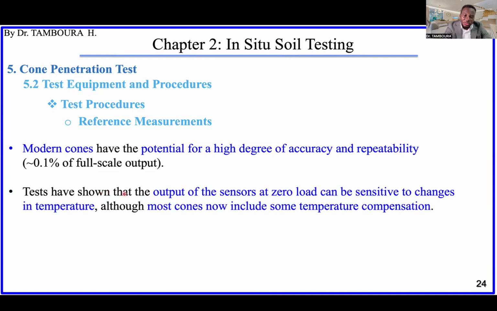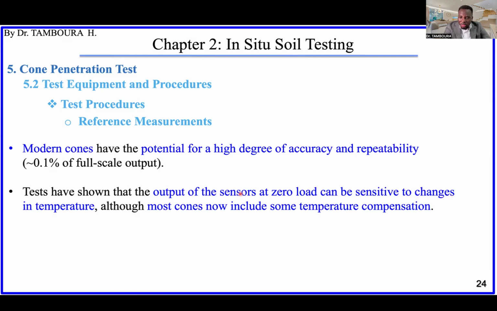So the test is to check the output of the sensors at zero loading. It means you test all the sensors, temperature, inclinometer, all of them. You test them at zero loading, that means no pushing yet, and you check the value.